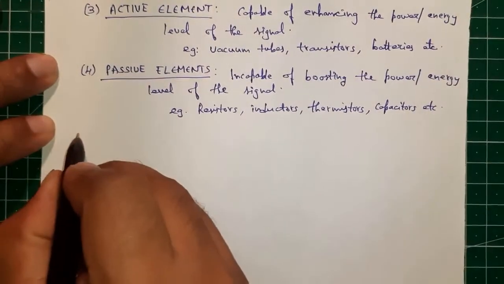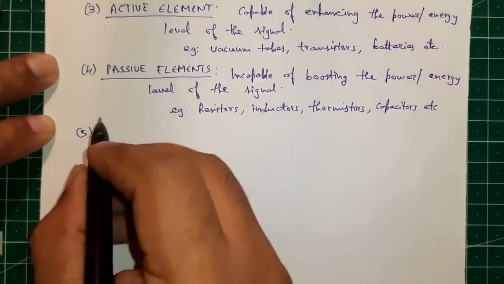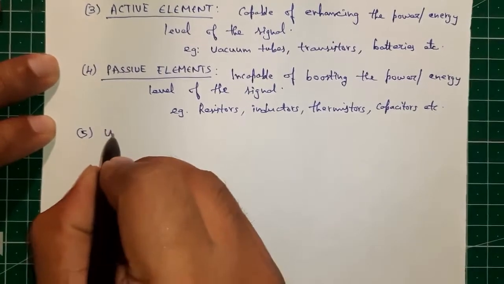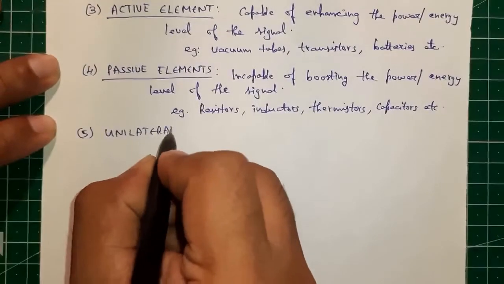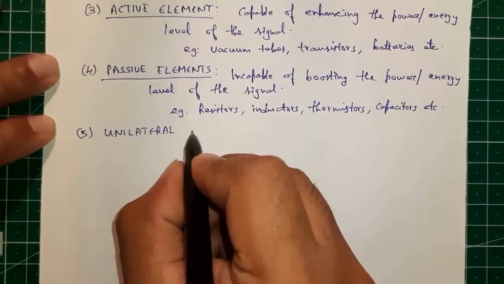Another category of network elements are unilateral and bilateral elements. So what is a unilateral element?